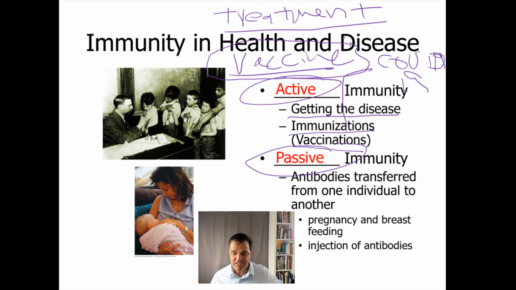Now there's also passive immunity, which is more kind of like treatment in a way, if you will. So with passive immunity, you can get antibodies or antitoxins, whatever it is that you're getting. But passive immunity is like when you're pregnant or you're breastfeeding and you're getting antibodies, or if you get sick in one way, or you get poisoned by something.